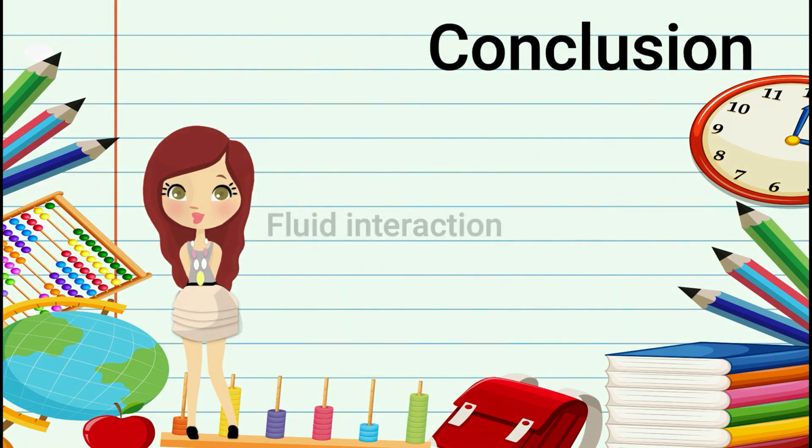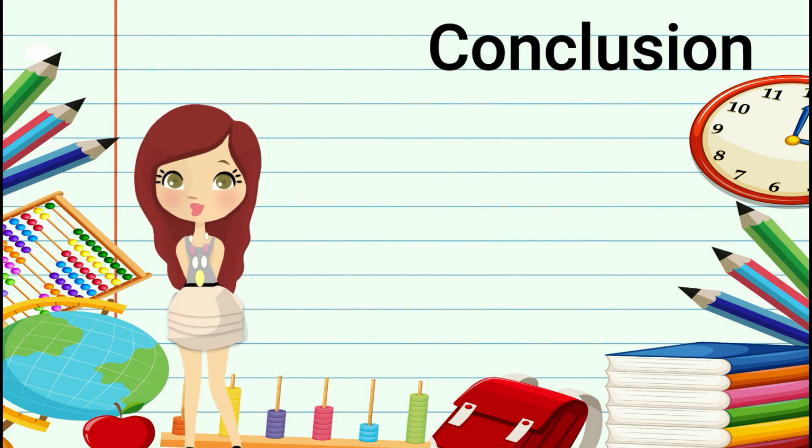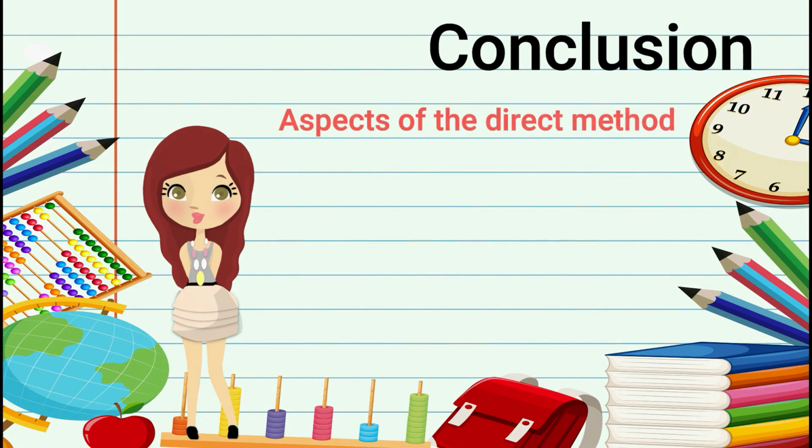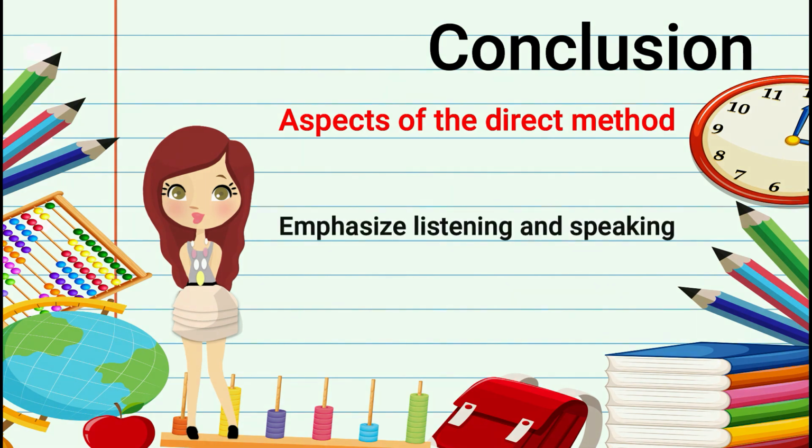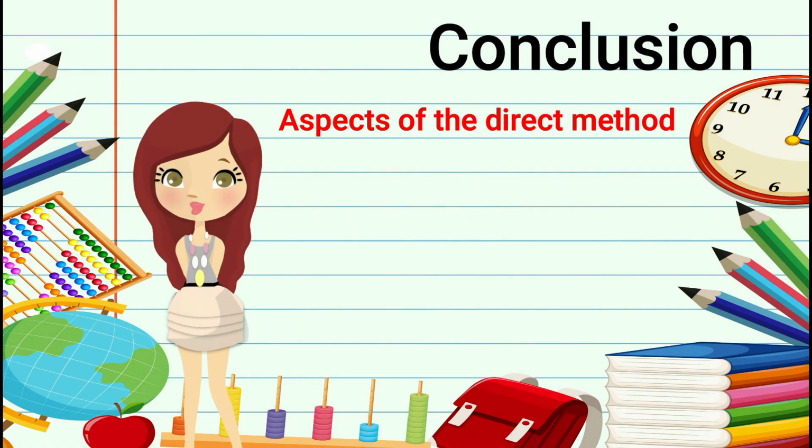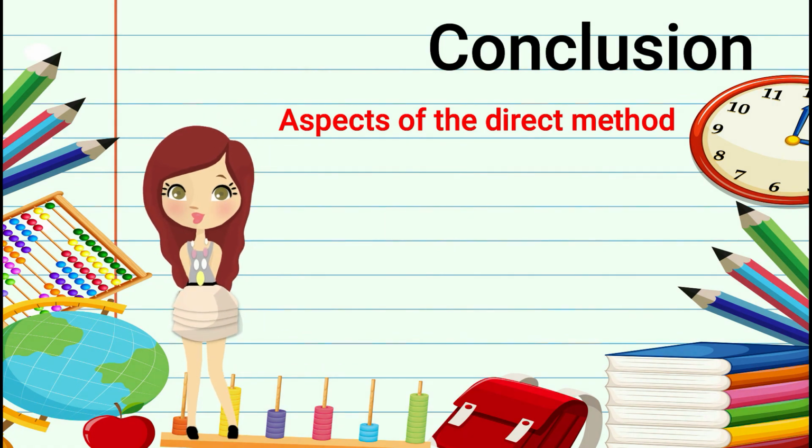Achieving through this a fluid interaction among them and their teachers, improving their communicative skills and reinforcing their confidence in themselves. Aspects of the direct method can be evidenced in this activity, such as the emphasis on listening, speaking, and the use of target language for all instructions.